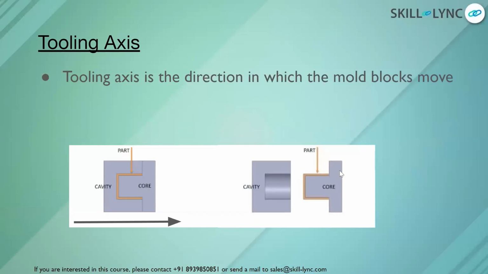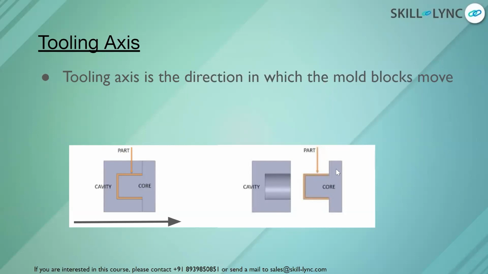This is the direction in which the core and cavity move, or the cavity is fixed in position and the core moves. The basic requirement is for the core to move out so that we can eject the part from the component. This is the direction in which the mold blocks move, and that's the tooling axis.